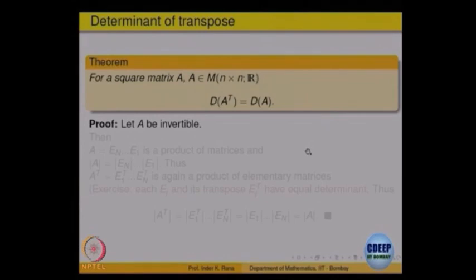Then one of the columns or rows, if a row is 0 in A, then a column will be 0 in the reduced row equivalent form. Similarly, if A is invertible, it is a product of elementary matrices. So, determinant of A will be the product of the determinants of those elementary matrices.